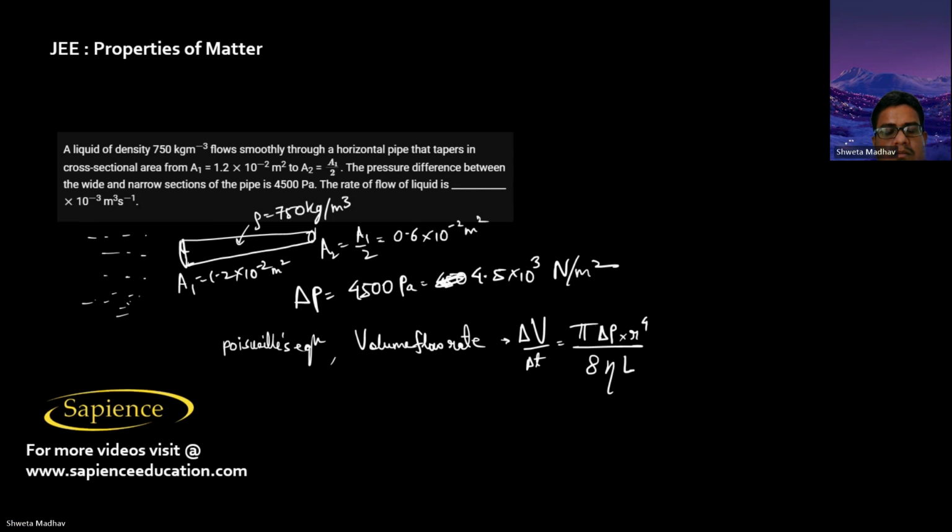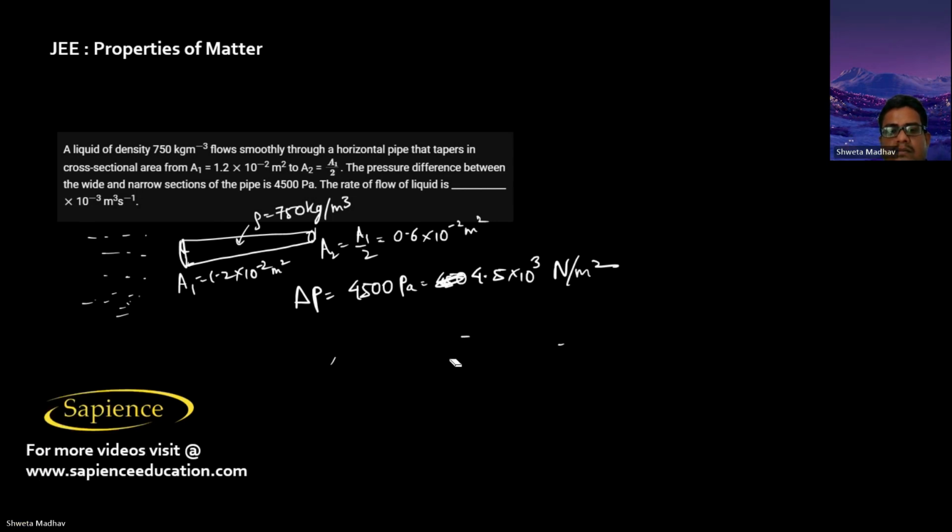Now we can find it according to the equation of continuity. We can say that A1 V1 is equal to A2 V2, if the speed of flow of the liquid at the area of cross section A1 is V1, and at the area of cross section A2 the velocity of the fluid flow is V2. So A1 V1 will be equal to A2 into V2.